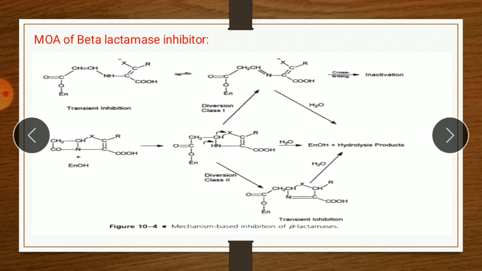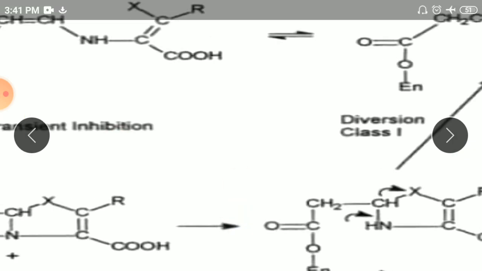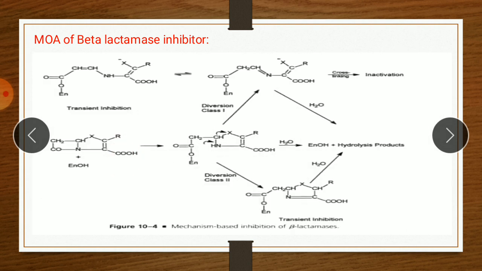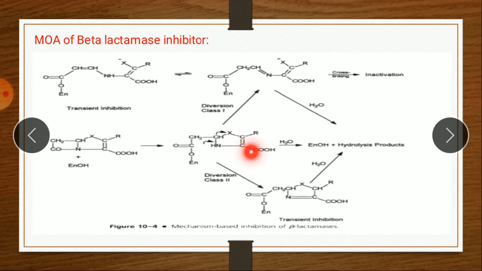So if we consider this compound as a beta-lactamase inhibitor drug, the first step is the same, but the second reaction is diverted here. Similarly, below, there is a tautomerism. How?